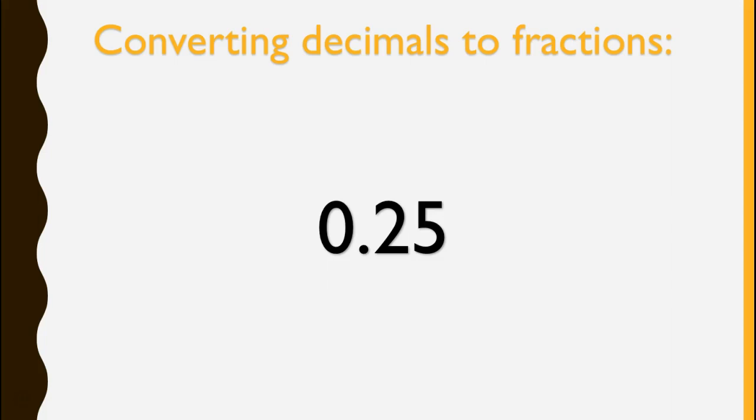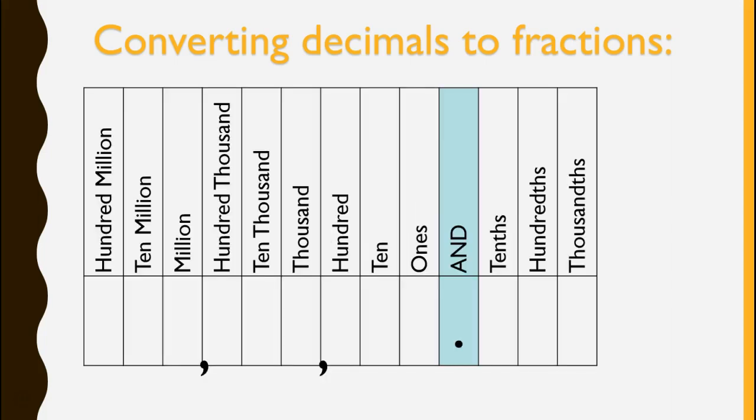But if you still don't hear the fraction, let's go ahead and put it on a place value chart. So 25 hundredths. You're going to take the place value that's the furthest to the right, which is hundredths, and that is going to be your denominator. Okay, 100. Awesome.